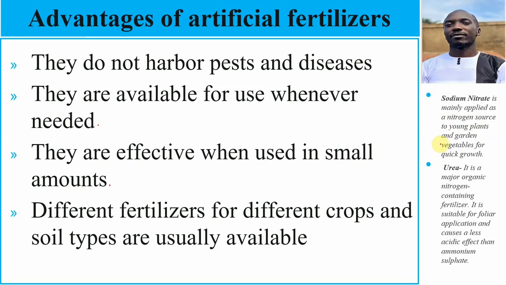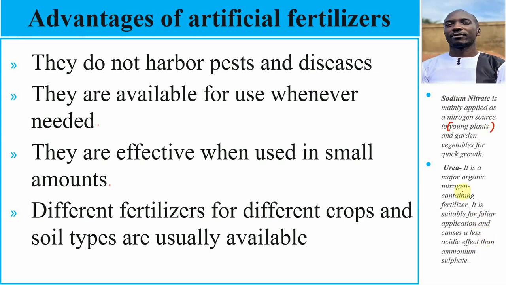So if you are looking for a fertilizer to make your crops grow faster, then you apply sodium nitrate. But you can see that it is applied at a certain stage, and we are saying when the plants are still young. In other words, if you find that your crops are already old, then it might not be applicable. So it is only applied to young plants.